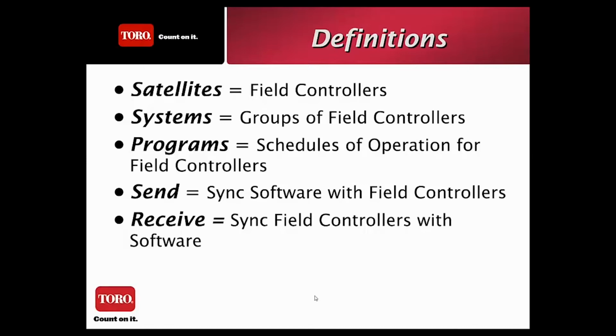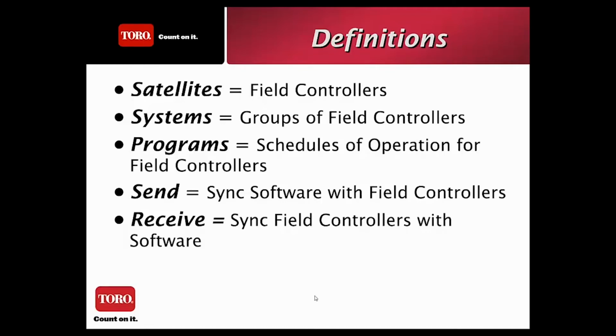On most of the screens in the Sentinel software, there is a send button and there is a receive button. You need to understand why there is send and receive. And the reason for it is that Sentinel controllers store the data like your computer stores data. If I go into my Sentinel software and change anything on a screen and I hit save, it is now captured and saved in that software.